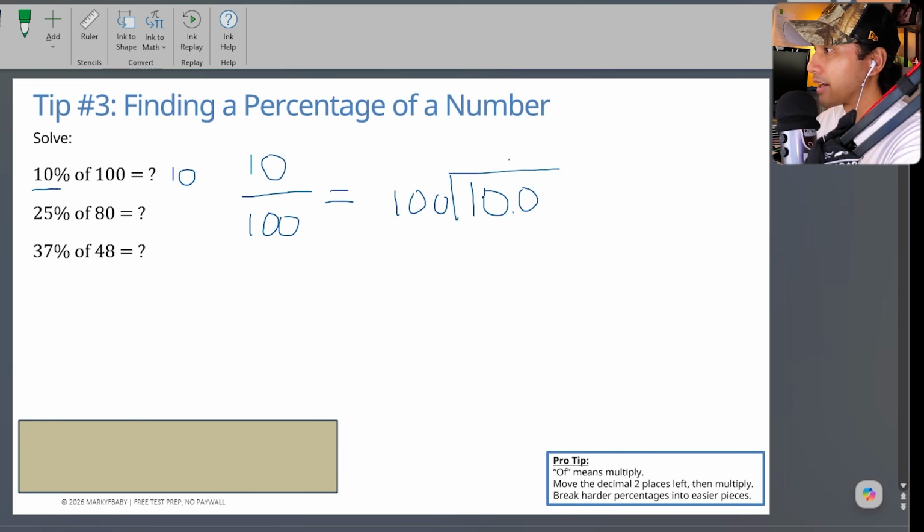This 100 can't go into the 0, but the 100 could go into 100 after we add this 0 right here. This is basic mathematics, guys. And then I'm going to put the 1 right here because this is 0 and 0. 1 times 100. And then there we go. We get 0.1. And that's what this equals, 0.1.